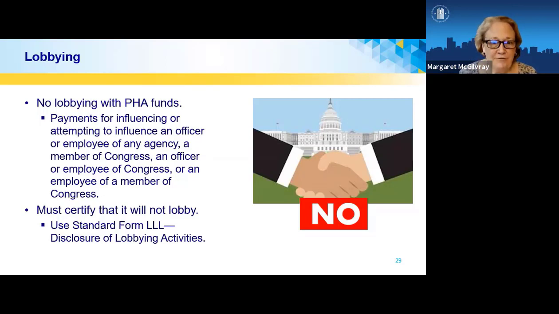Where this doesn't apply is, for instance, if you are going to a NAHRO conference in Washington, D.C., and you go to visit your congressional members to talk a little bit about your housing authority. That's not lobbying. Basically, it's about the use of funds to influence members of Congress versus actually just speaking with them. So that's kind of the line on lobbying.